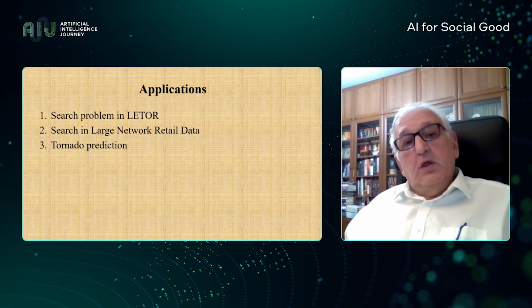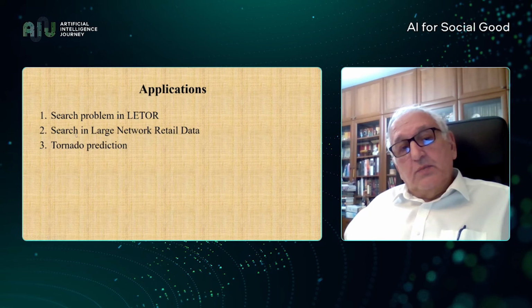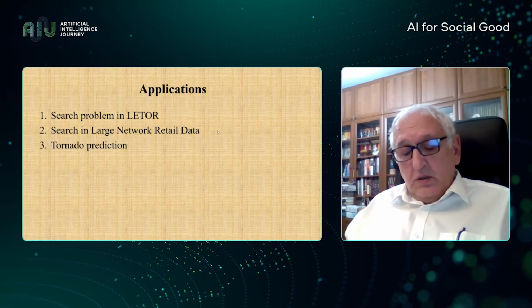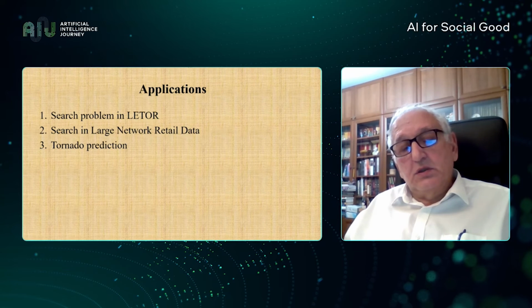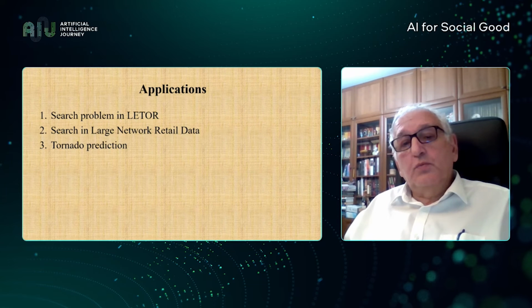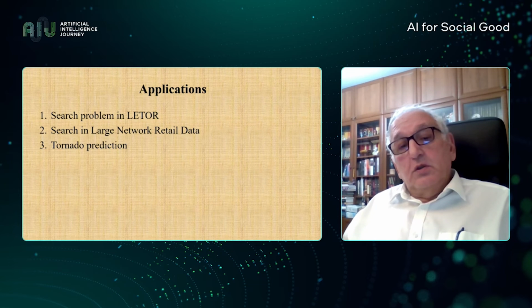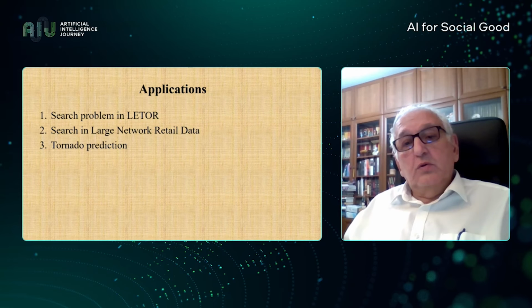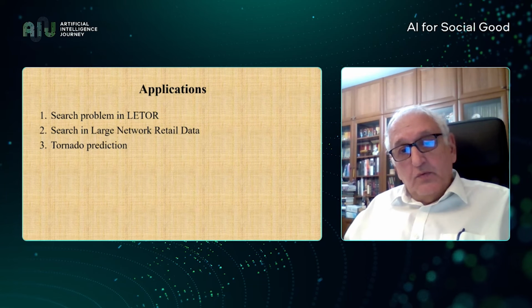Another application was in searching large network retail data with 1.5 million people, and the daily data of their purchases in the supermarkets of this very large network shop. And again, we got much better results than any type of analysis made before.